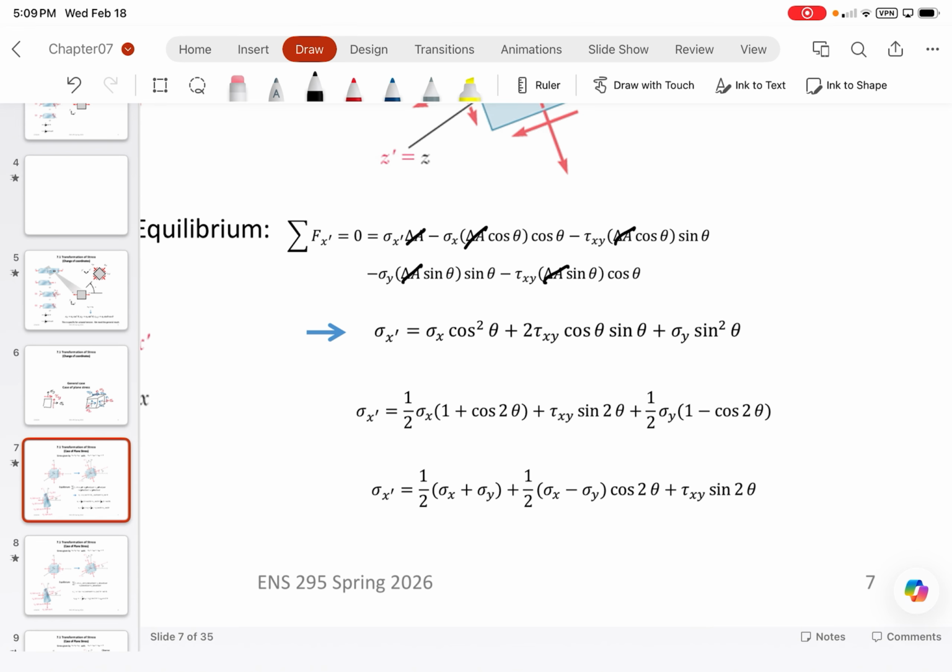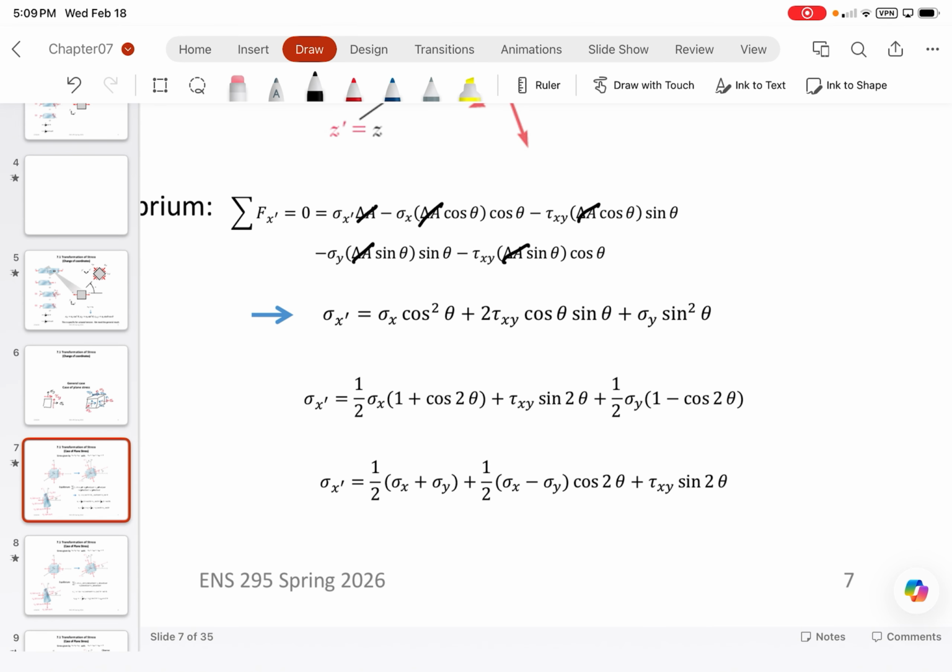Now, we may want to rewrite some expression because this looks a little bit messy. And so what we end up with is basically 1/2 (sigma x plus sigma y) plus 1/2 (sigma x minus sigma y) cosine 2 theta plus tau xy sine of 2 theta. And that is basically the transformed stresses along a transformed x-plane, or the x-plane in which we're interested in.